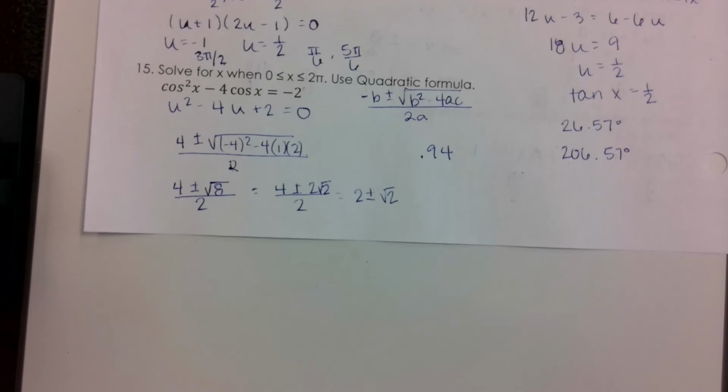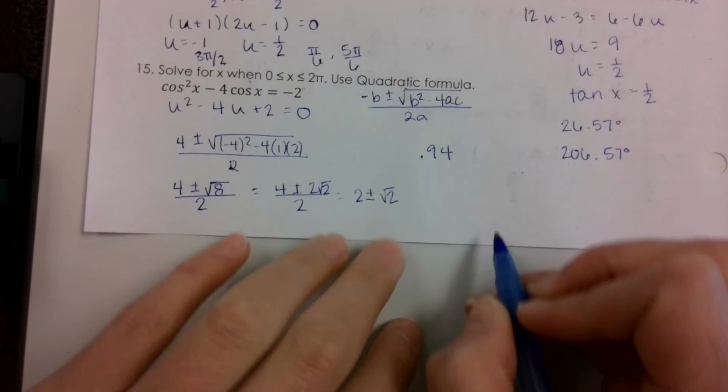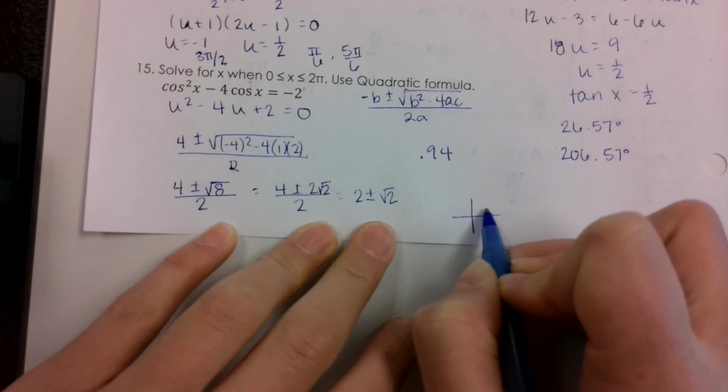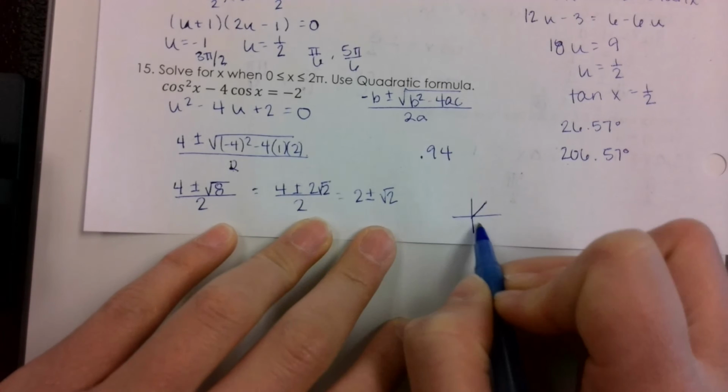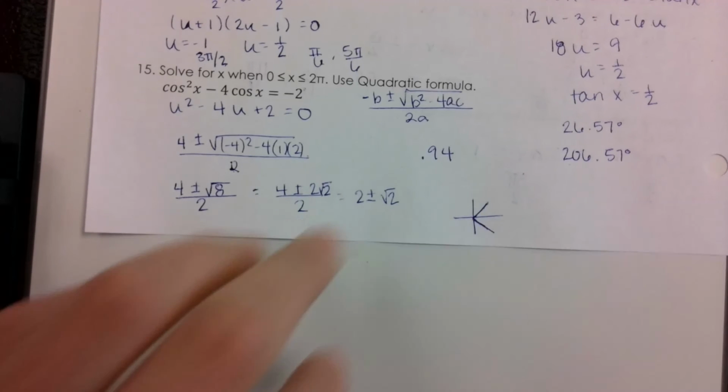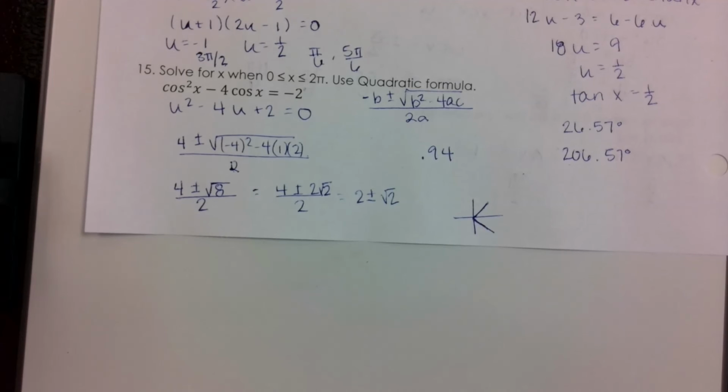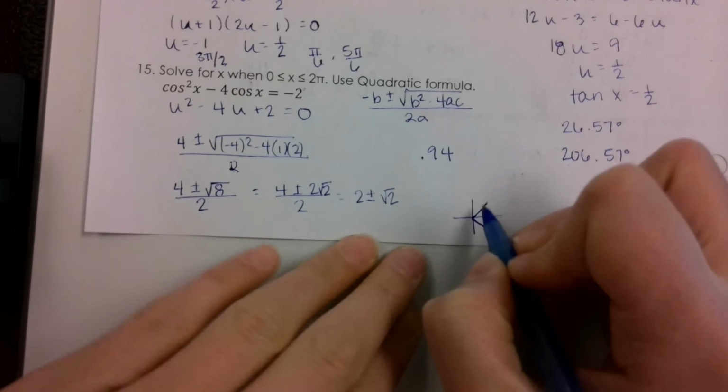So if we're talking about cosine, and it was positive or negative? Positive? Yeah. So cosine is positive in quadrant 1 and where else? 4. And 4. So how are we going to find where that other angle happens? We could do, so this angle is that 0.94.